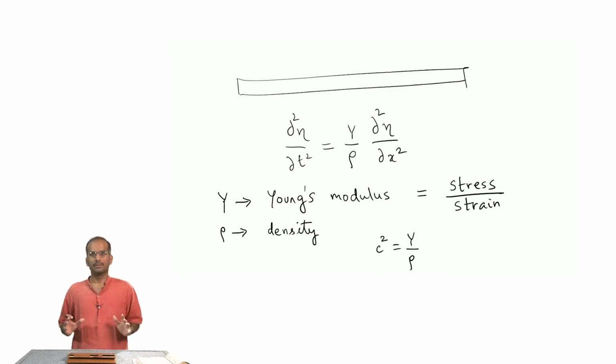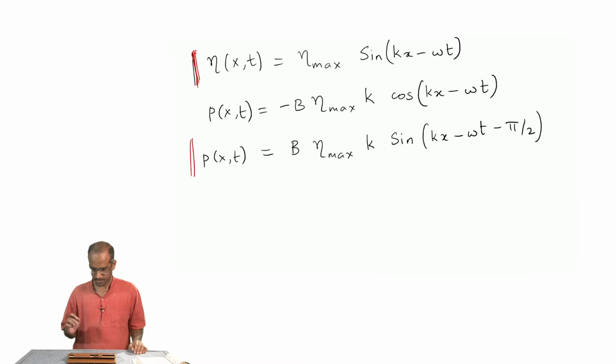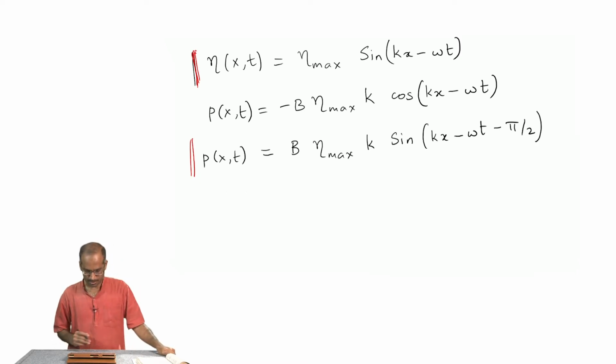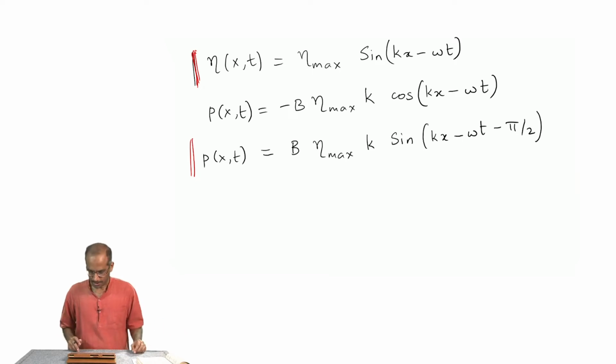Once we understand this generalization, before we start doing some of these problems, let us look at the standard results. We know that the solution for the wave equation is eta, which is the displacement as a function of position and time. It is either a sine or a cosine function, you can choose any of them, but it is a function of k x minus omega t finally.